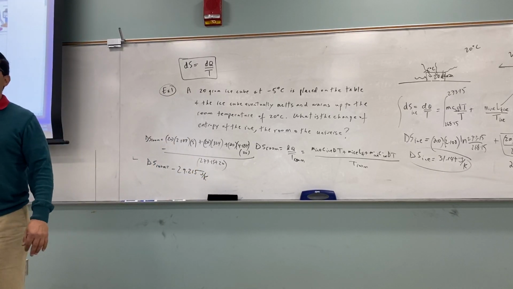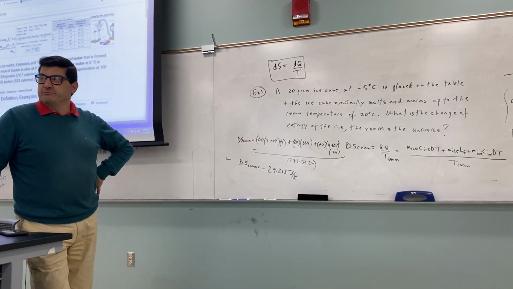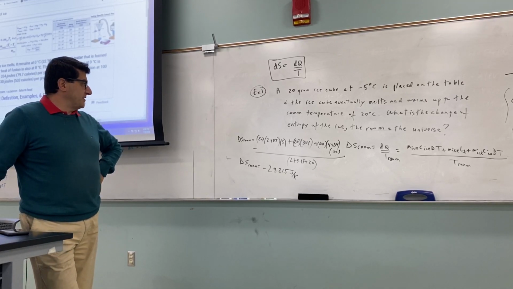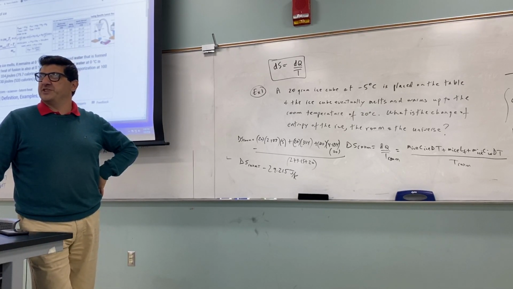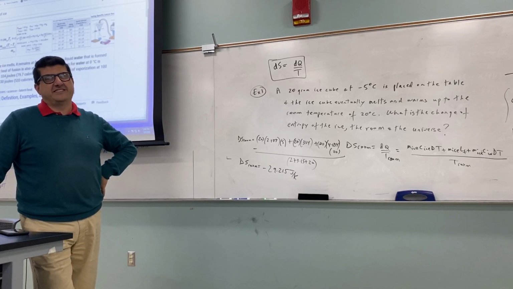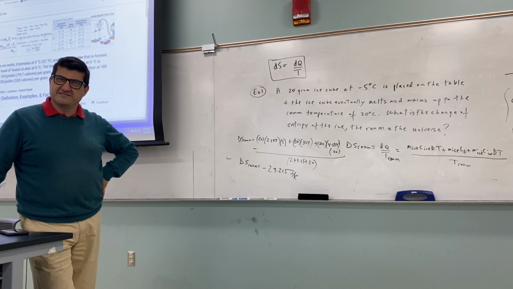So the entropy of the ice is increasing by 31. The entropy of the room is decreasing by 29. What's the change in entropy of the universe? Increasing. That's why ice melts by itself when you put it.